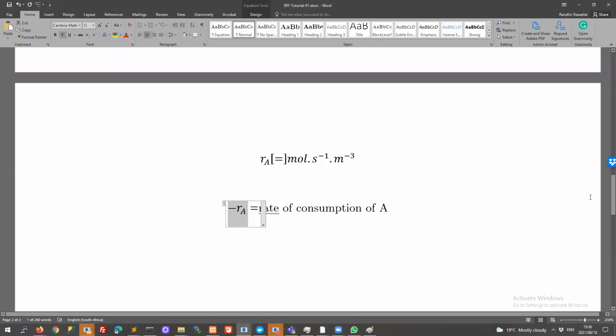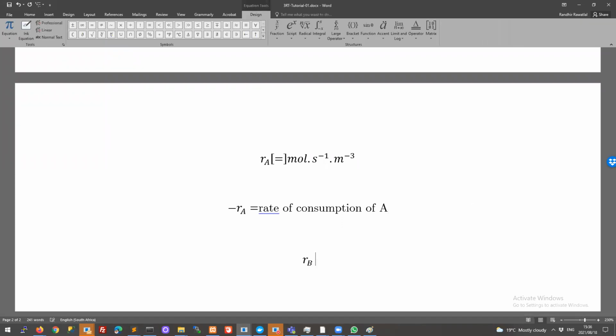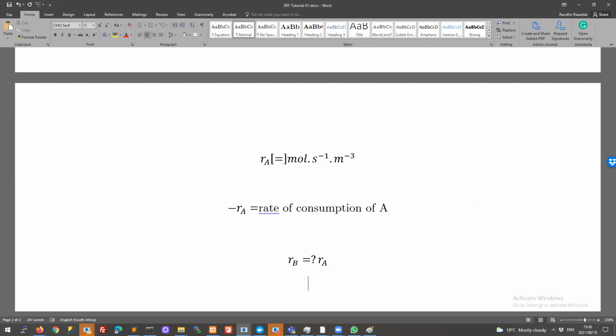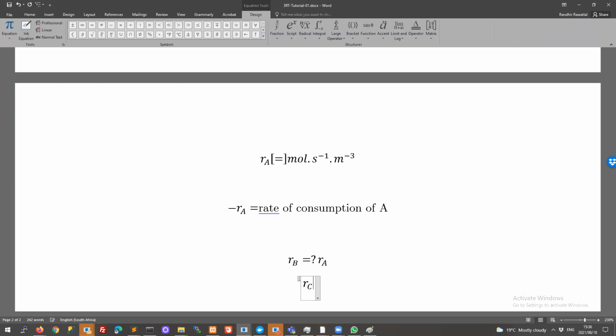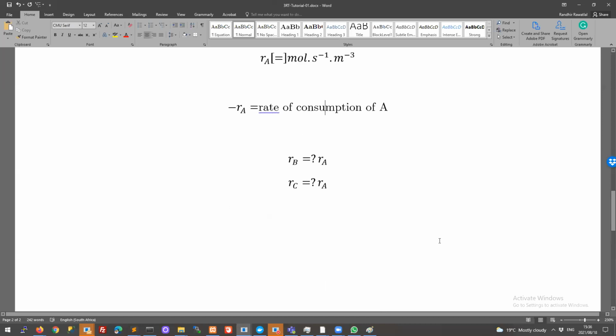So you can write it something like RB equals something RA, and then RC equals something RA. Take a few seconds, just fill in the question marks there. I'm going to nitpick, I'll make a question mark sub 1 and question mark sub 2.